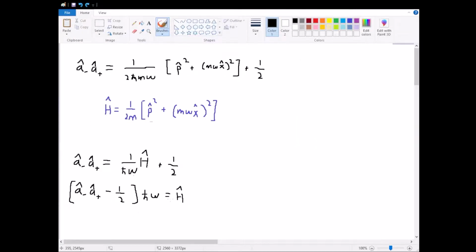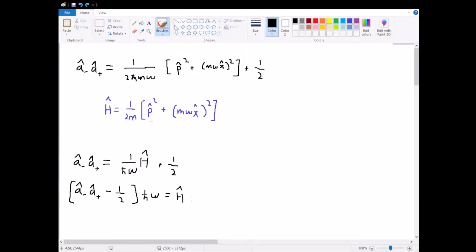So here we defined h hat in terms of the product a hat minus a hat plus. We can do an analogous derivation, which involves taking a hat plus times a hat minus, and the result will not be the same. I'm not going to waste my time doing this, because it's the exact same step we did here, but we just multiply a hat plus times a hat minus instead of a hat minus times a hat plus.